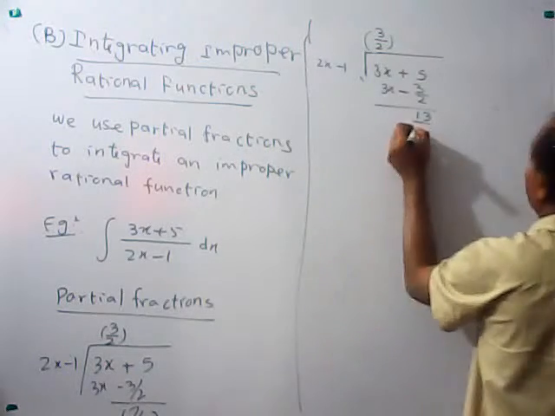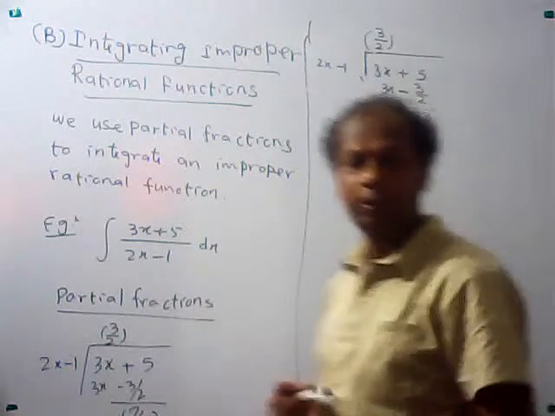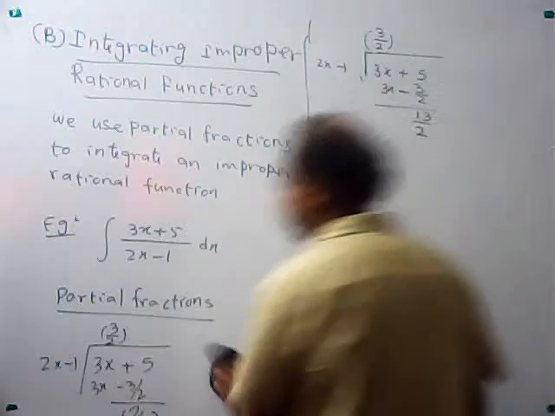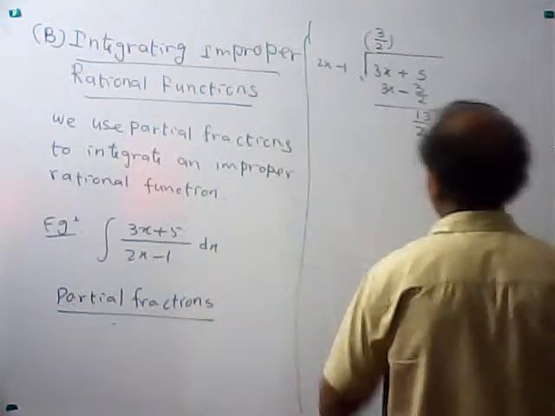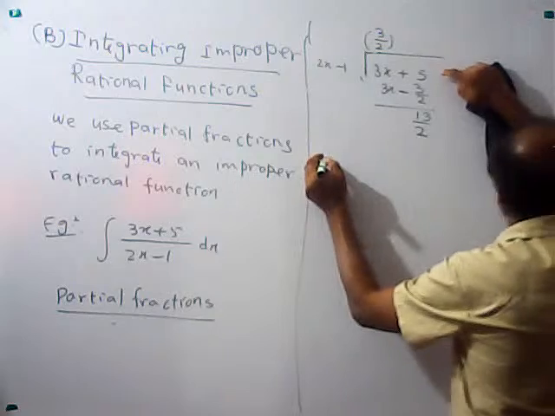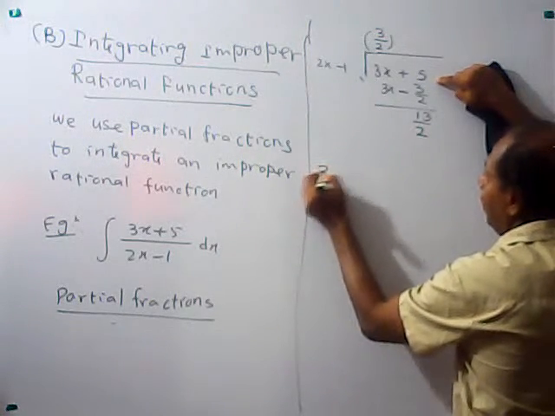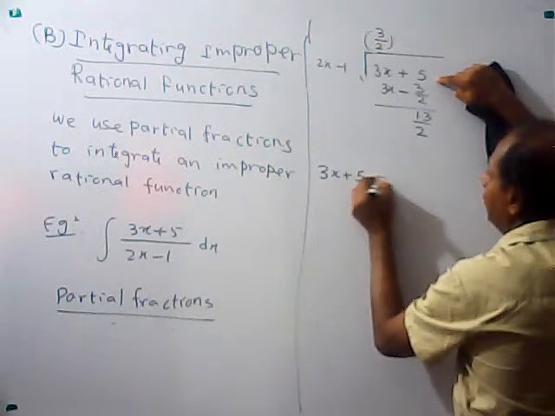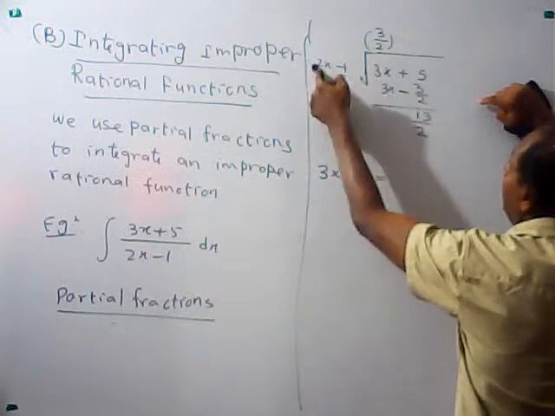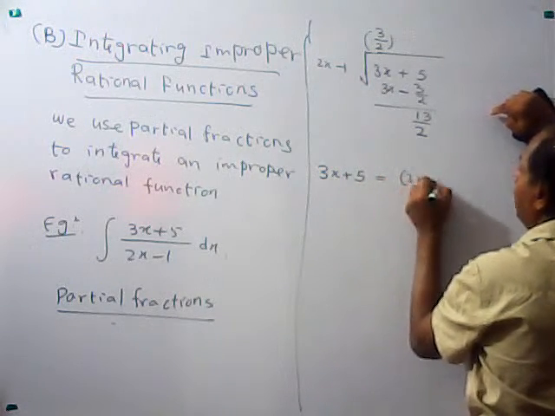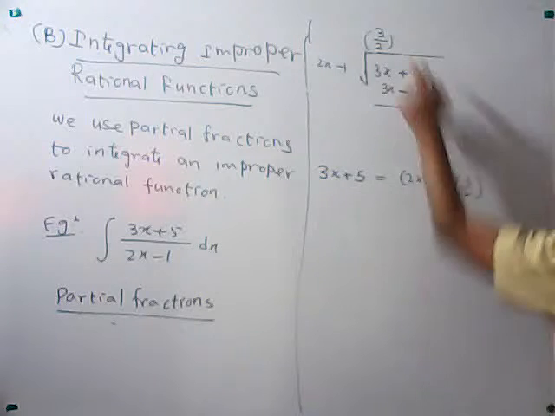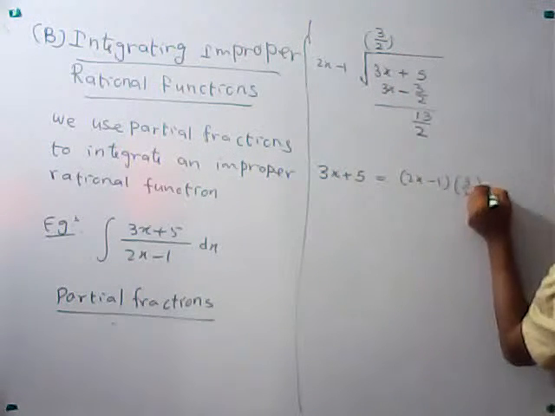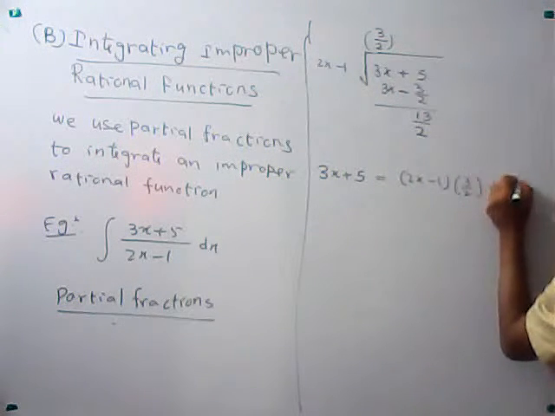It is 13 over 2. So these are the partial fractions. So we can use this to find partial fractions. 3x plus 5, by the division algorithm, divided by 2x minus 1: the quotient is 3 over 2 and the remainder is 13 over 2.